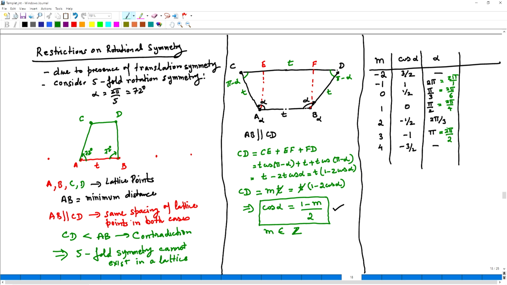What basically this is telling me, it has calculated the minimum values for alpha for a given n-fold axis, and hence I should be able to write that 2 pi upon 1 gives me 1-fold rotational axis, 2 pi upon 6 gives me 6-fold rotational symmetry, 2 pi upon 4 gives me 4-fold rotational symmetry, 2 pi upon 3 gives me 3-fold rotational symmetry, and 2 pi upon 2 gives me a 2-fold rotational symmetry.